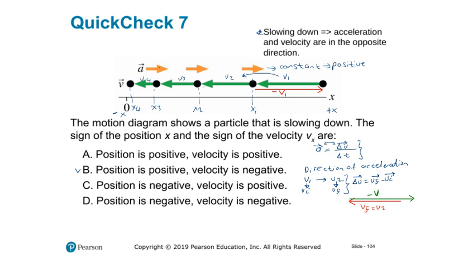And if I do head to tail addition, I take my minus V1, start it from the end of V2, my final velocity, and draw it. And I know minus V1 in length is a little bit larger, right? My speed is decreasing, so my velocity is decreasing. And V1 is a little bit larger than V2.